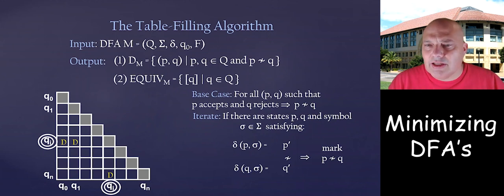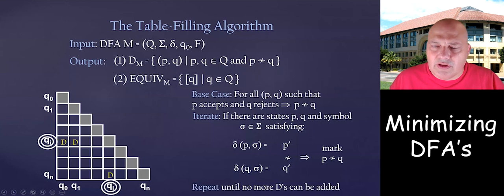So again, if you have two states and, reading a symbol sigma, you reach two other states that are distinguishable, then just like we sketched before, it means that P and Q are also distinguishable. So we repeat this until there are no more entries that can be filled, no more Ds that can be added.